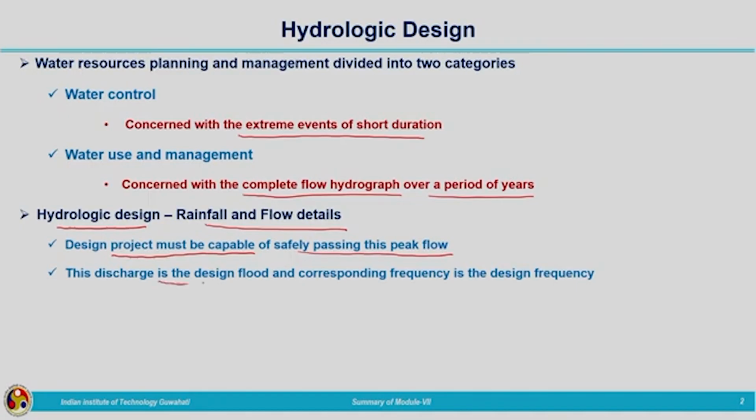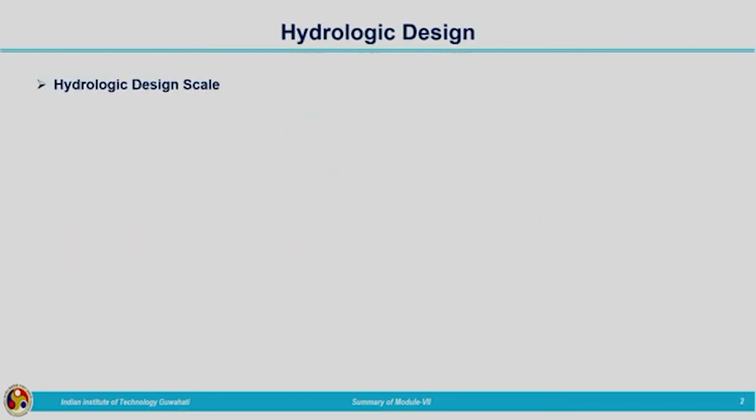This discharge is termed the design flood and the corresponding frequency is the design frequency. Design frequency, and what is meant by frequency and the magnitude of the event corresponding to a particular frequency, all these things we have looked into in this module and in the previous module on hydrologic statistics.